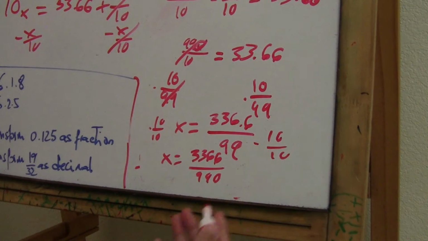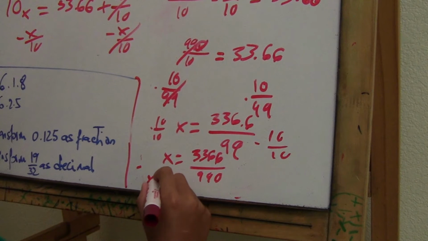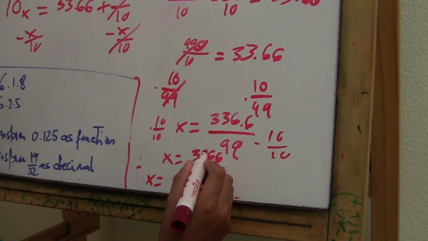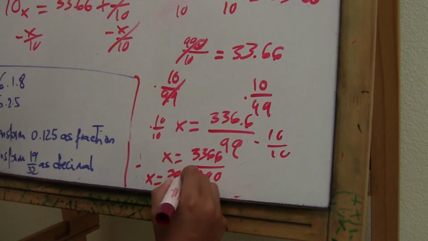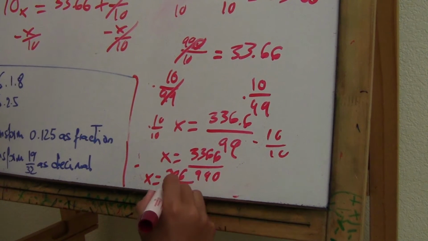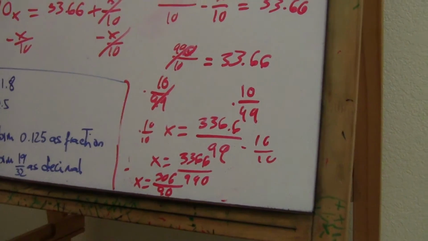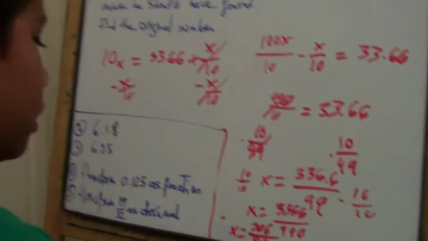So now it's pretty obvious that they're both divisible by 11. So we will do x is equal to 306 over 90. Right? Yeah, 90.